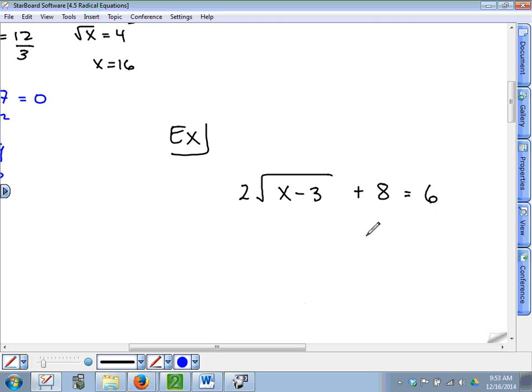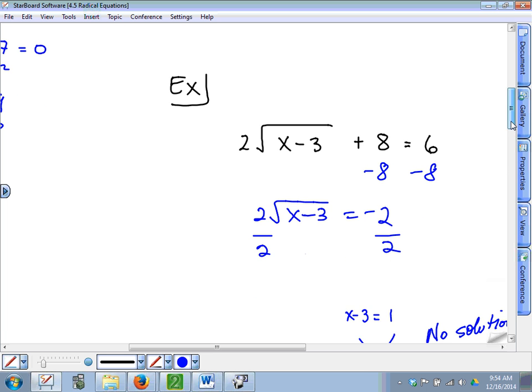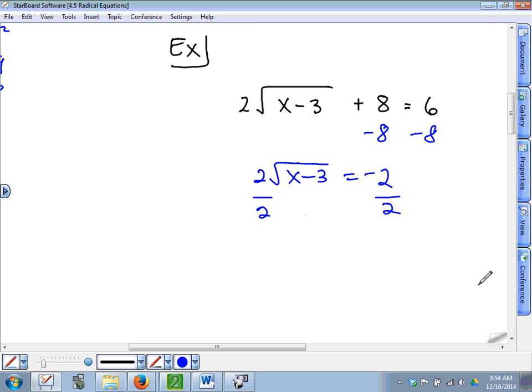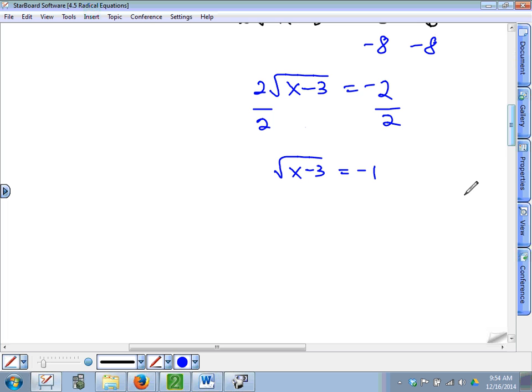What did you guys do first? Subtract 8 from both sides, you get 2 times the square root of x minus 3 equals negative 2. Then divide by 2, and you get the square root of x minus 3 is equal to negative 1. Then you square both sides; square and square root undo each other, so x minus 3. Here's where I'm a bit concerned.